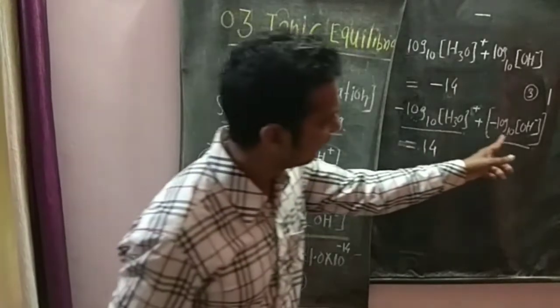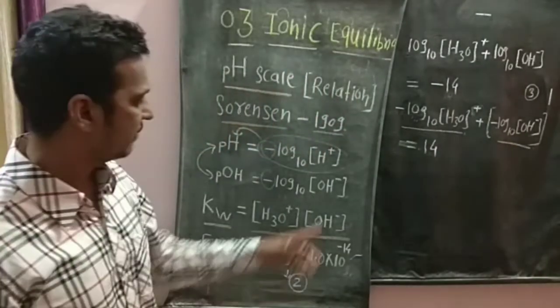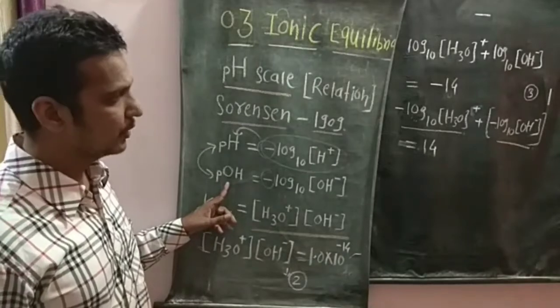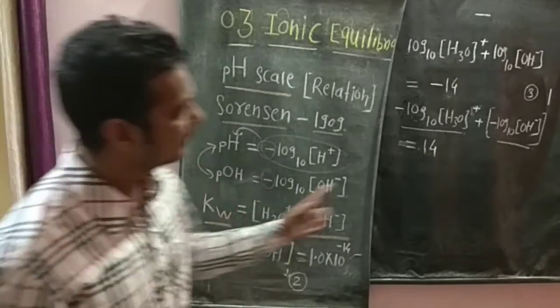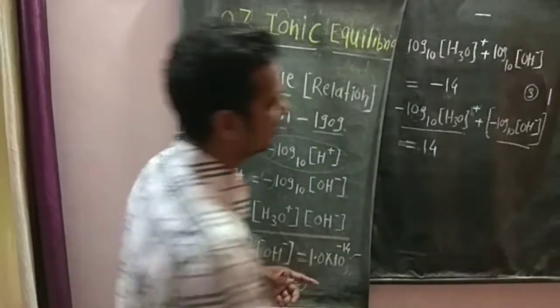And the next term, negative logarithm to the base 10 concentration of OH minus, means pOH. So we substitute both these values in equation number 4. This is equation number 4.